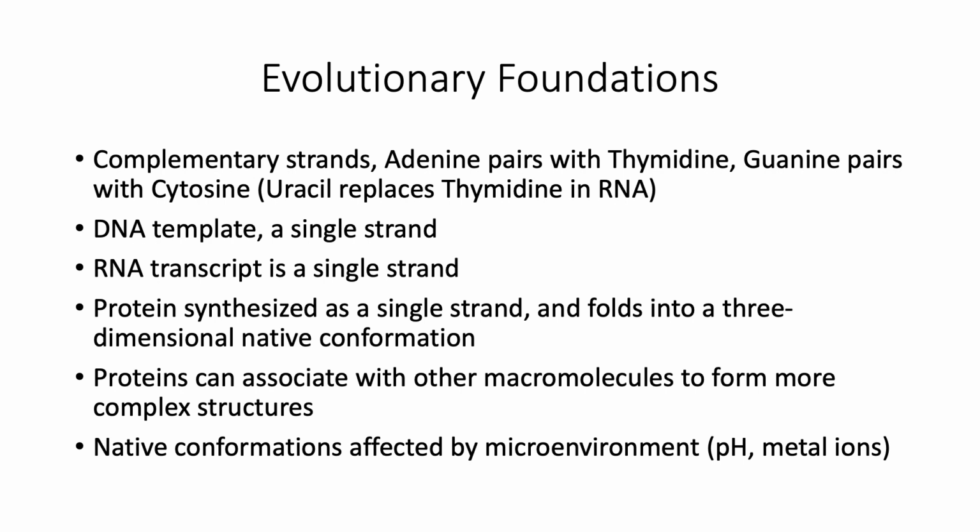And you get more complex structures of proteins that can bond with carbohydrates. They can react in all sorts of myriad ways. And again, the microenvironment, pH of the solution, and metal ions can affect the native conformations.